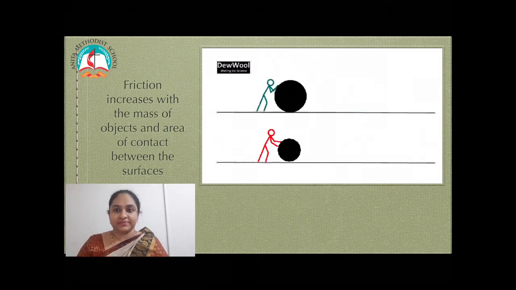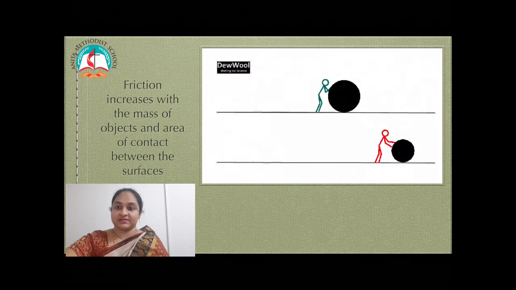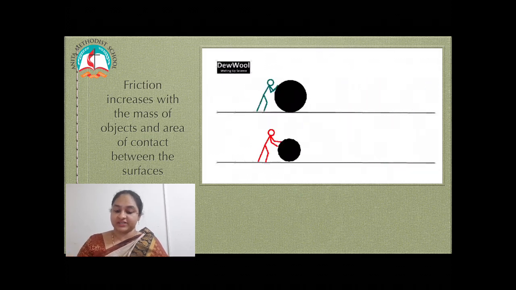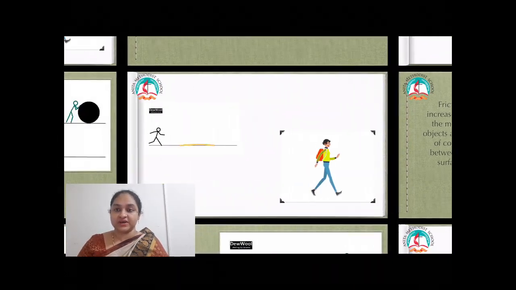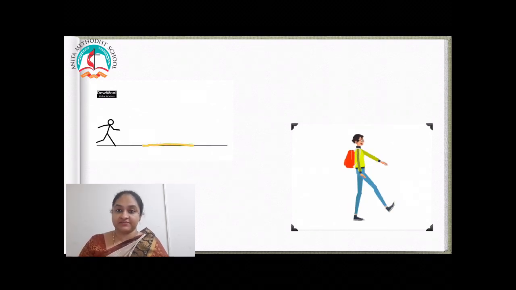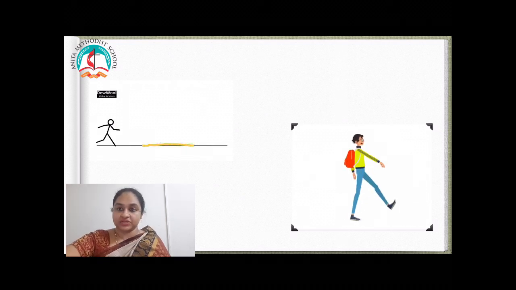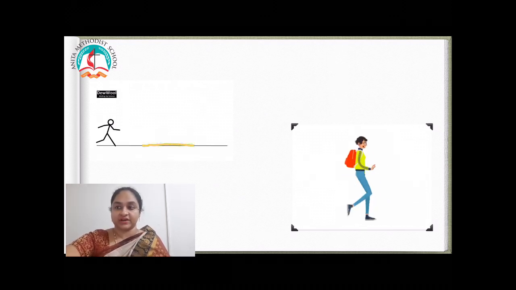Is friction always bad, or is it good? When we walk, friction helps to hold the feet to the ground. Friction is more on rough surfaces and it holds the feet or the shoe firmly to the ground.